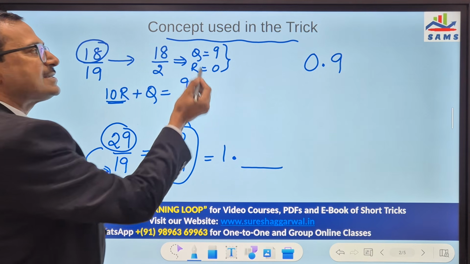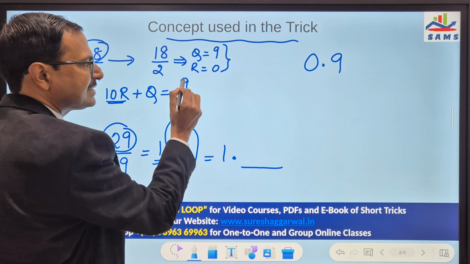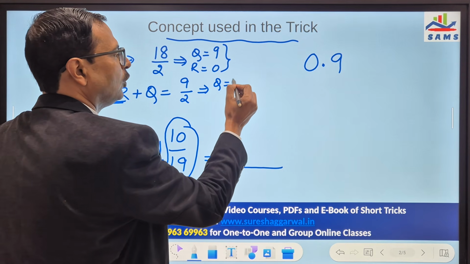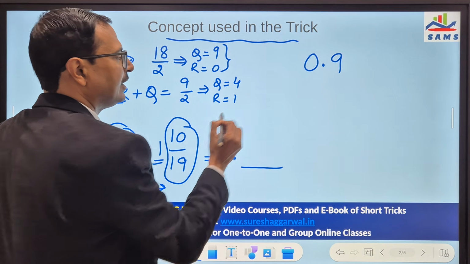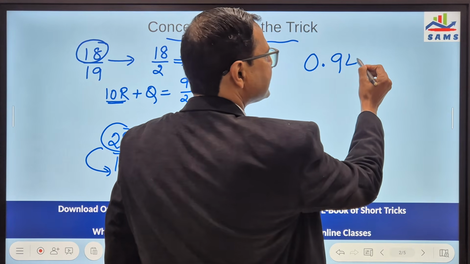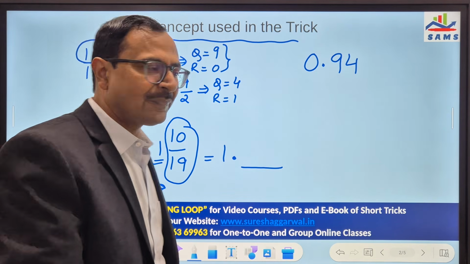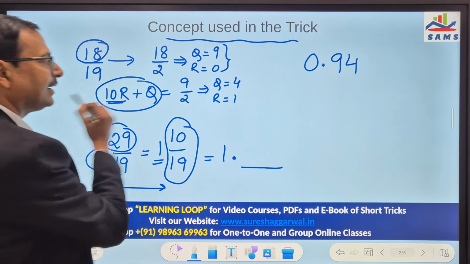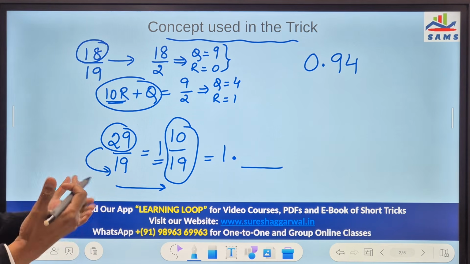Now again do the same thing. Divide this by 2. You will get the quotient as 4 and the remainder as 1. Since the quotient is 4, 4 is the next digit of your answer. And because the remainder is 1, you carry on repeating this process.